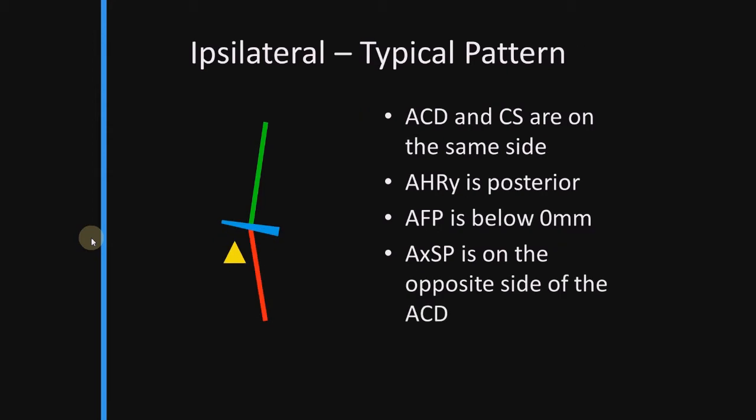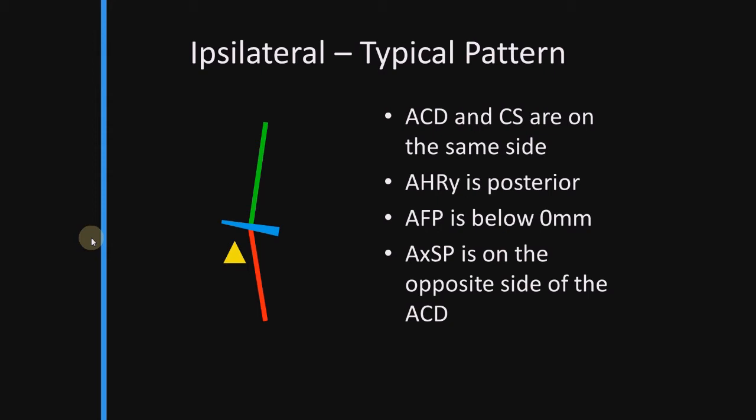In our second pattern, we have where the ACD and cervical spine are forming acute angles on the same side. Same side is the phrase ipsilateral. A typical ipsilateral pattern will not only have the acute angles of the upper and lower angles on the same side, but because the C1-C2 joint is closing on the side of the ACD, the C2 spinous will typically rotate away from the closed C1-C2 joint, thus moving to the side opposite the ACD.